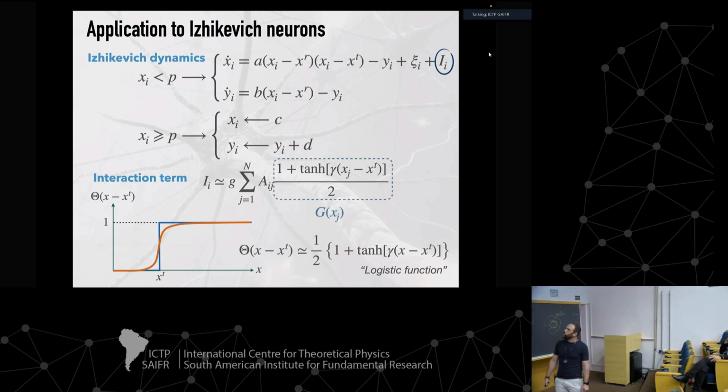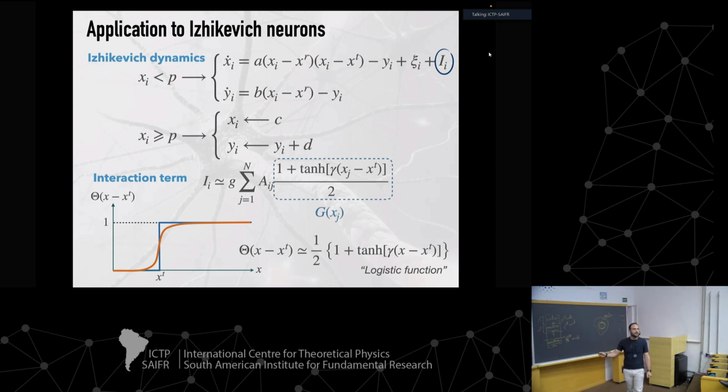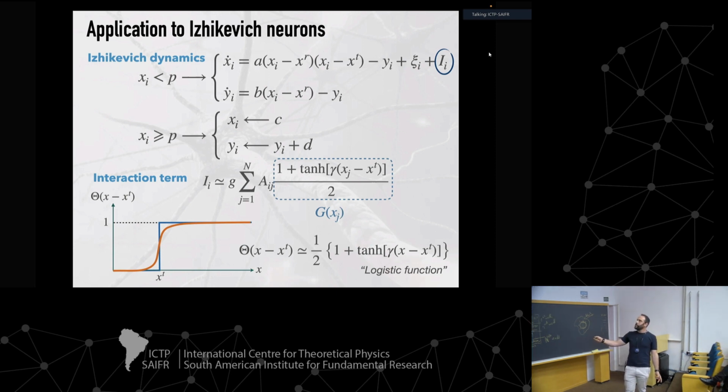Okay, so the important thing from the master stability function is that we want the fixed point of the dynamics of the neuron, and this is the interaction term. The interaction term is this hyperbolic tangent, but the important thing is that it only depends on the state of the neighbor, okay? The interaction between i and j does not depend on the state of i.